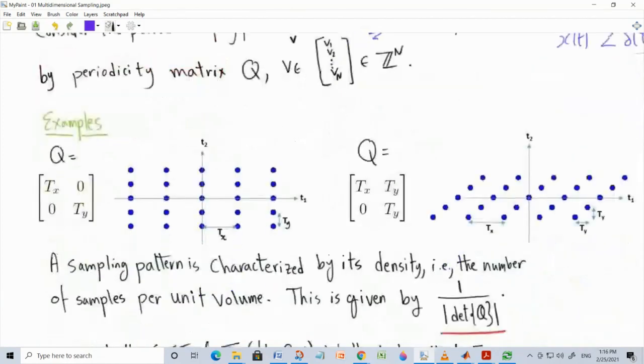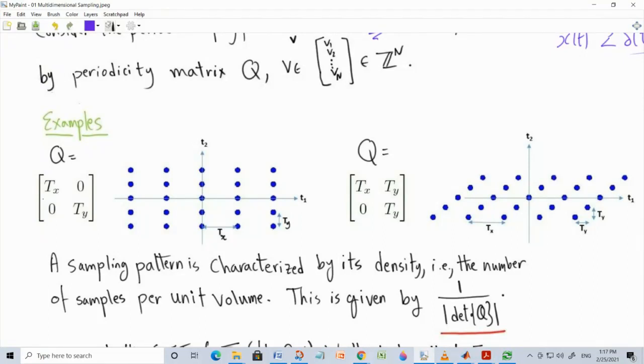The simplest type of sampling in multiple dimensions, and to visualize things, let's have it in 2 dimensions. If you have just T1 and T2, you basically have a rectangular grid, which means that the locations of the Dirac deltas are those points that are arranged on a rectangular lattice.